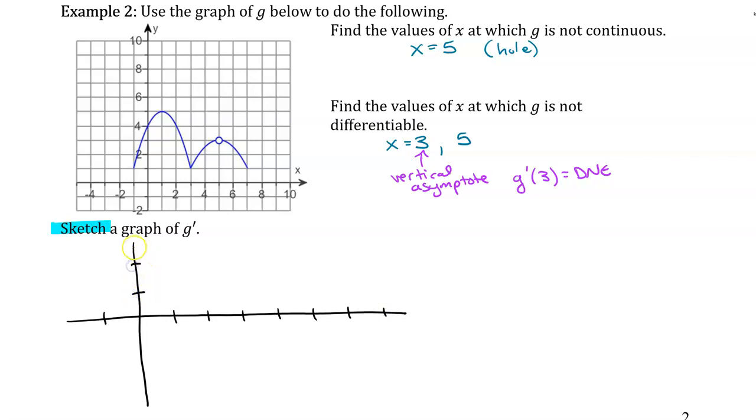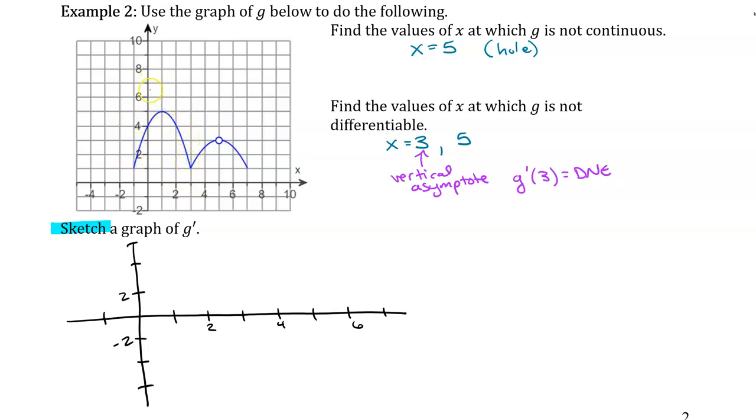I'll just say it's going by 2's on my y-axis just to keep it easy. For the graph of the derivative, now think about it. This first piece here is a parabola. It's an upside down parabola.